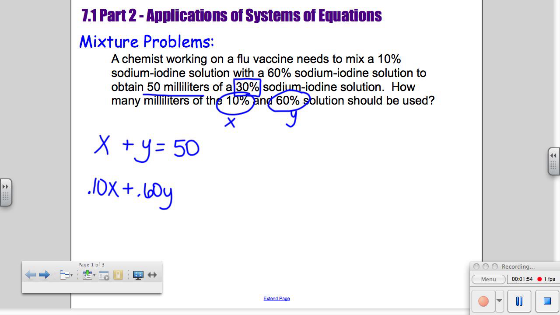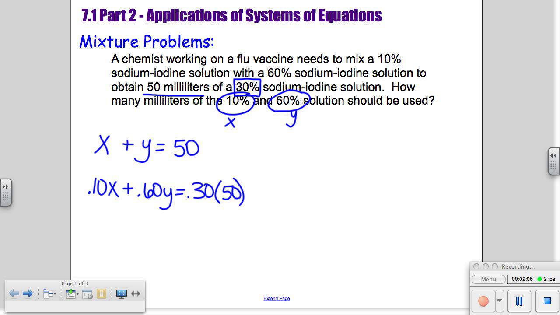And in total, I'm going to have a 30% solution. But I already know that that total amount is going to be 50 milliliters, so I'm going to do 30% of 50. If I simplify this equation a little bit, I get 0.1x plus 0.6y equals 15.